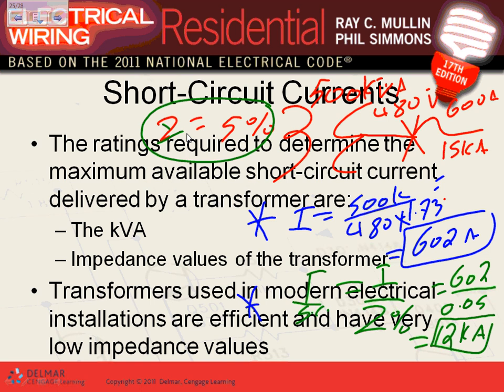Short circuit being high is bad news. What does that mean? I need a higher circuit breaker interrupting rating. What does that mean to your bottom line? More money to spend. So that's the catch-22: an efficient transformer pumps more short circuit, and then you have to have higher level equipment to handle it. You have to find the happy medium.